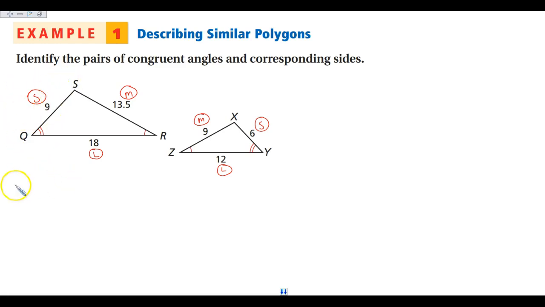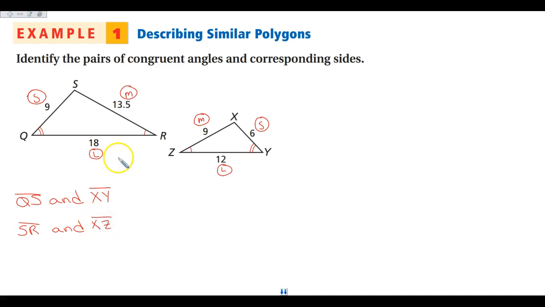So my smallest side over here is QS. So QS and my smallest side over here, which is XY, those are going to be corresponding sides. Okay, then I'm going to do the same thing with my medium length sides. SR is my medium length side over here, so it'll be SR, and my medium side over here is XZ.